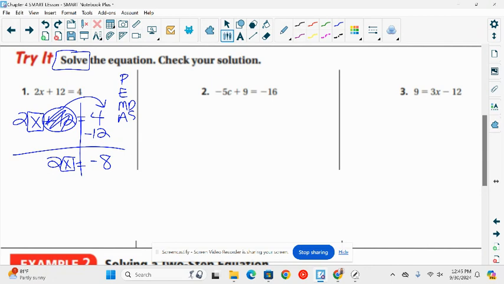Is the x isolated all by itself? No. So how am I going to move that 2? Why is it divide? They're touching. And what operation is touching? Multiplication. So we're going to move the 2 using division. So negative 8 divided by 2, negative 4.